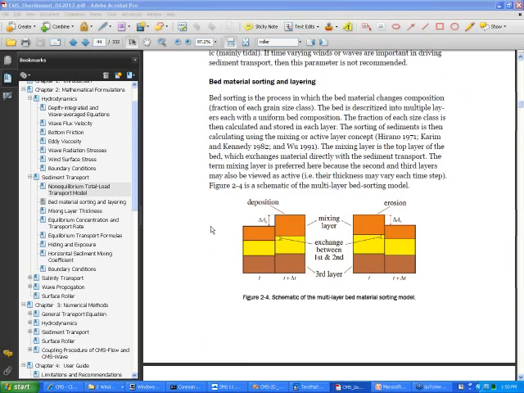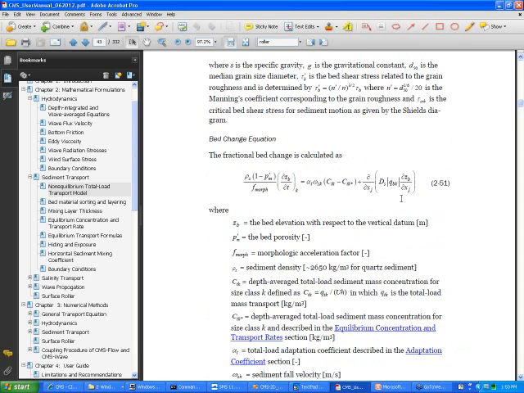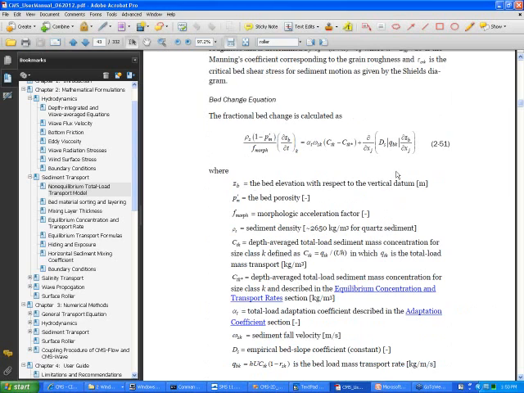Alan Zundel is asking if d sub s is a vector quantity. No, it is not. The d sub s, which is the bed slope coefficient, is a scalar, and it's constant for the whole domain and the whole simulation and time. It could be possible to treat it as a quantity and try to estimate it as a function of the grain size and maybe the bed slope, different parameters.